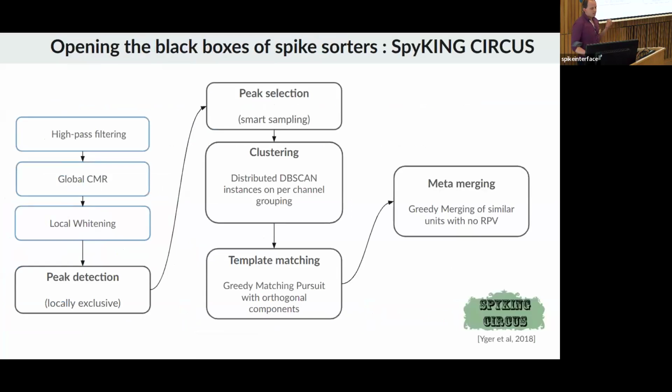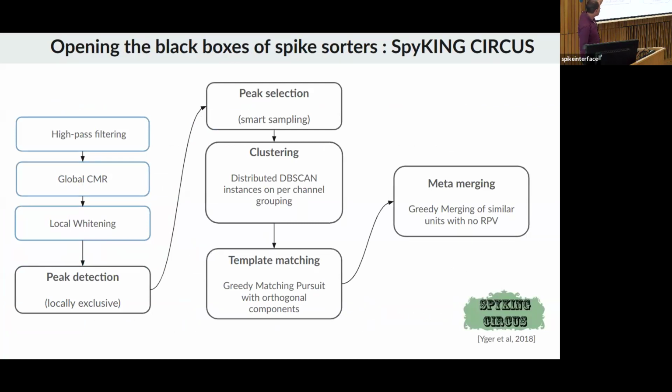For example, back in 2018, I developed Spyking Circus 1, which was published in eLife back then. And at the end of the day, Spyking Circus can be summarized in some pre-processing operations that could be achieved easily by Spike interface: filtering, CMR, local whitening. You do have a peak detection step.